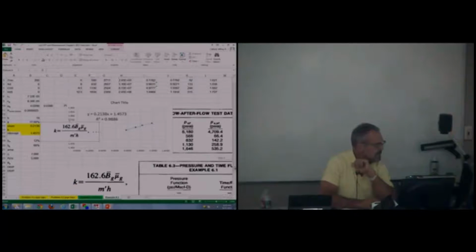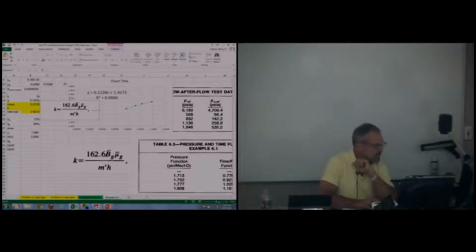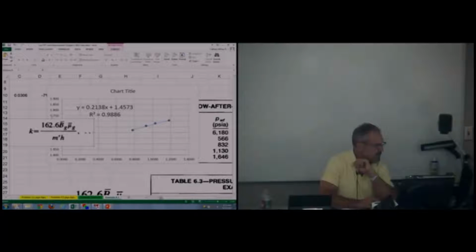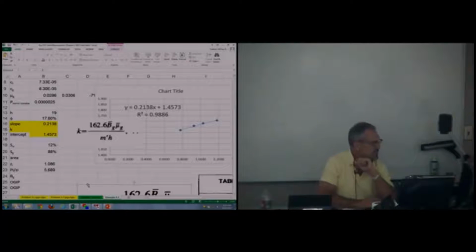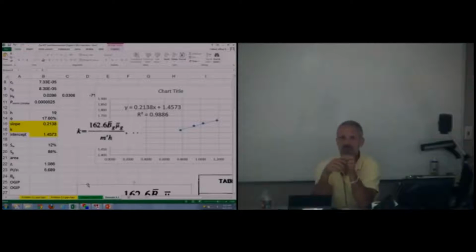Slide 12. That's where we're headed. M is the slope. M prime is my slope.